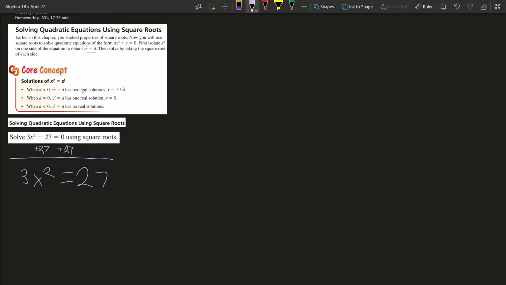So we need to get rid of this a. And how can we get rid of this? Well, 3 times x squared, so we can divide this by 3 and divide this by 3, which leaves us with 27 divided by 3, and 27 divided by 3 is 9.